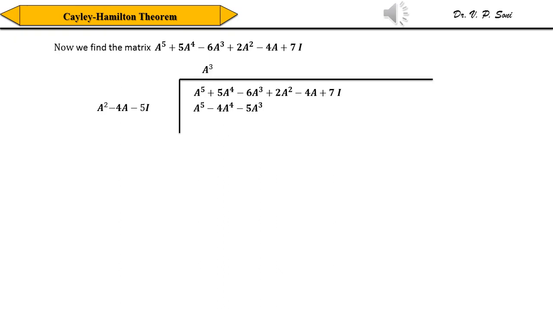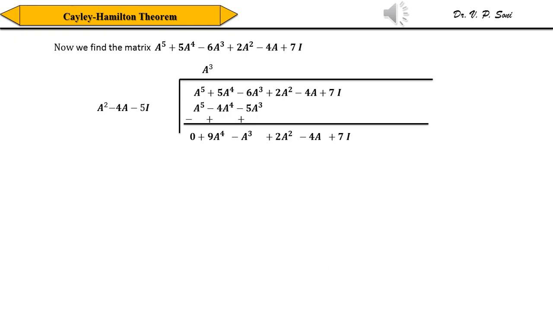So multiply the divisor by A cube, then we get the polynomial A raised to 5 minus 4A raised to 4 minus 5A cube. Now subtract, then we get 9A raised to 4 minus A cube plus 2A square minus 4A plus 7I.